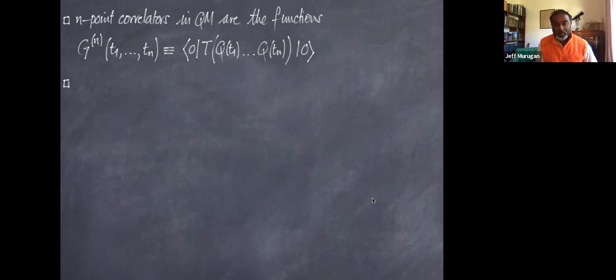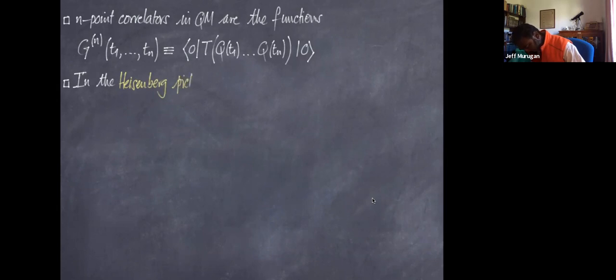So let's start off by writing down Heisenberg operators associated to the Schrodinger operators Q. So in the Heisenberg picture, we have that the operator Q of t is related to the Schrodinger operator Q by e to the iHt times Q times e to the minus iHt.